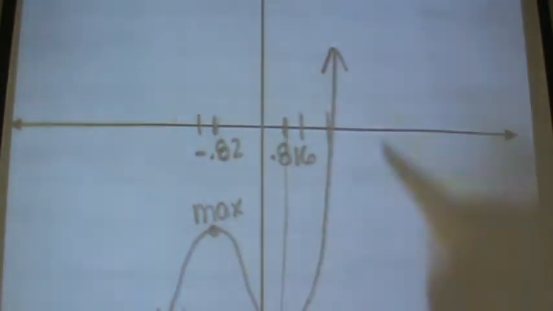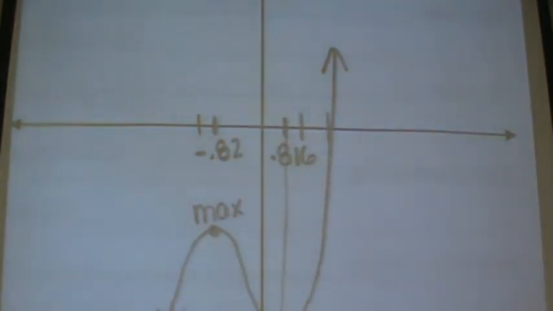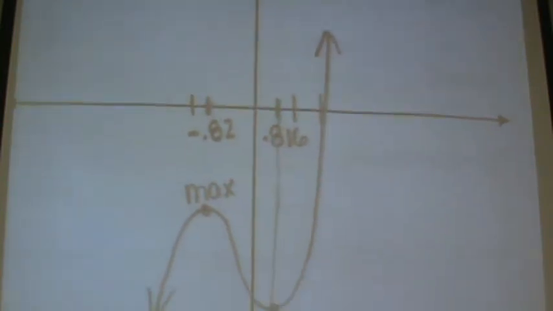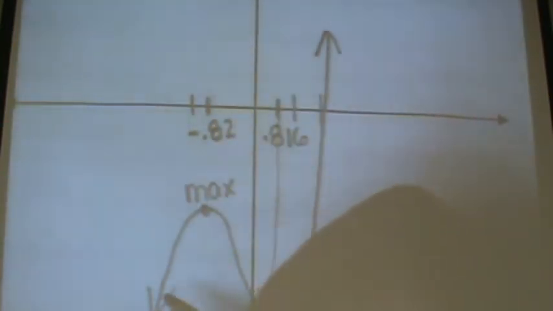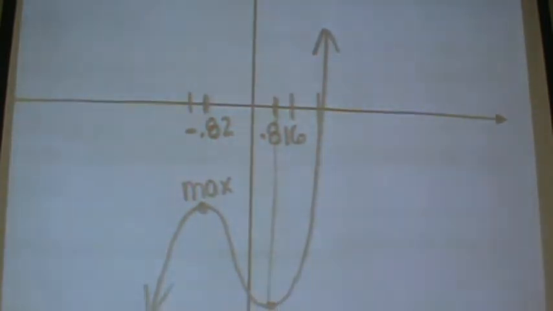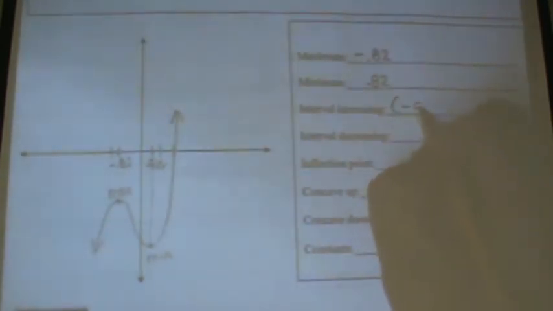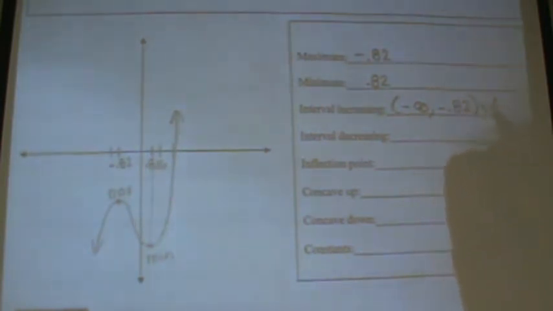That's the X value. So now, let's write, what would you say our graph is increasing from, where to where? Negative infinity, -0.82. Parentheses, negative infinity, comma, negative 0.82, parentheses, union, parentheses, 0.82, comma. Perfect. That's where it's increasing.